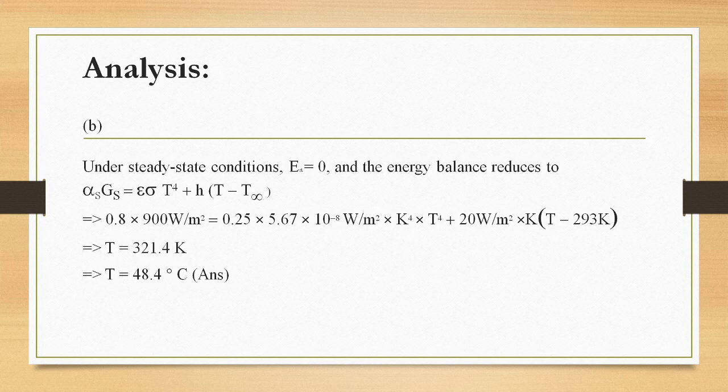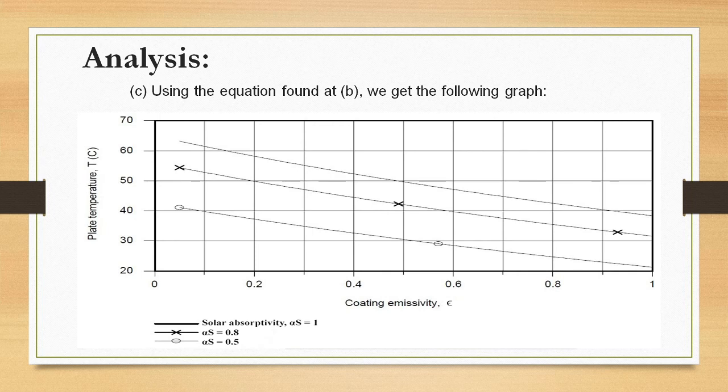And for the last part, we would use this particular formula, and we would determine the various points for absorptivity and emissivity according to the temperature. And the graph that we get is as follows. In the graph we can see that the temperature is plotted along the y-axis and the emissivity is plotted along the x-axis.